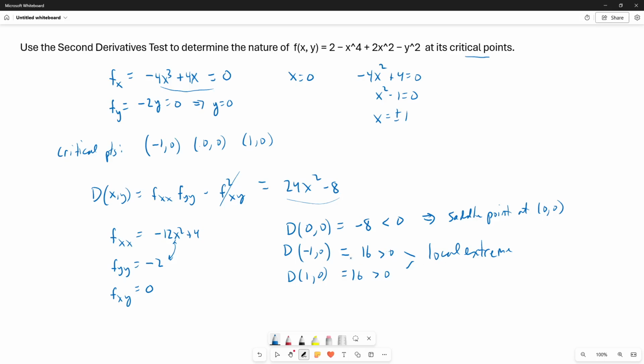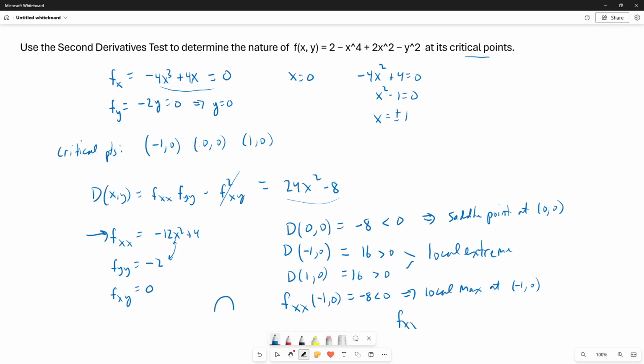And to determine the local extreme, we look at f sub xx or f sub yy. f sub xx at the point (-1, 0) is -12 + 4, which is -8. That's negative, so we can think of that as concave down. So that means that the local extreme is a local max at (-1, 0).